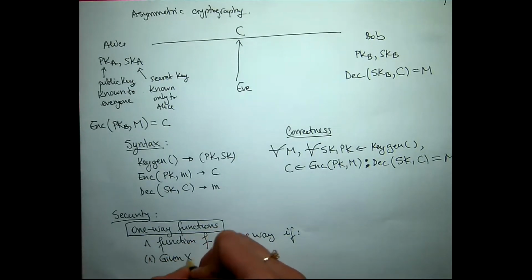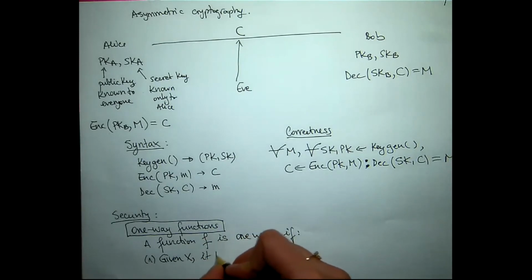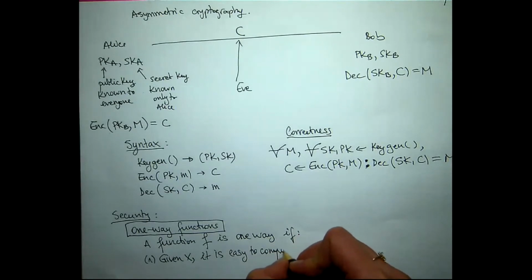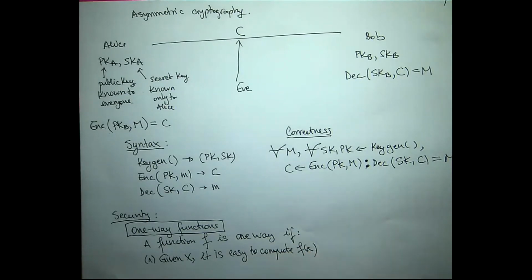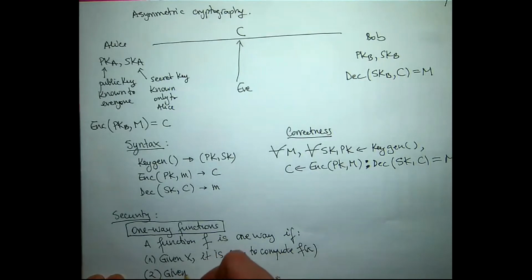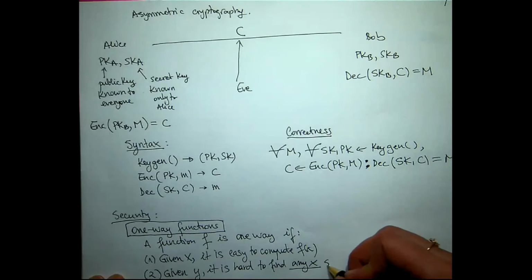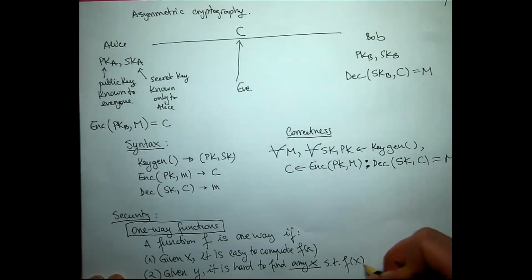One, given x, it is easy to compute f of x. And two, given y, it is hard to find any x, so not necessarily the x that produced the y, but any x, such that f of x equals y.